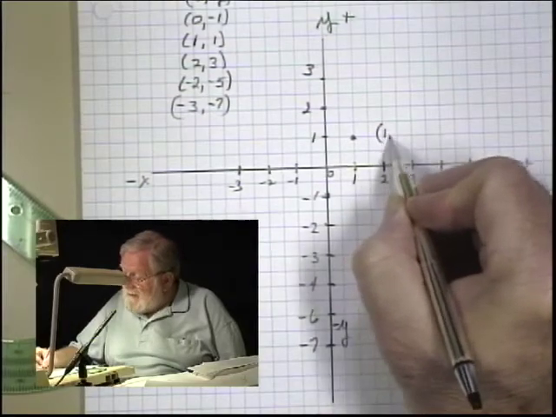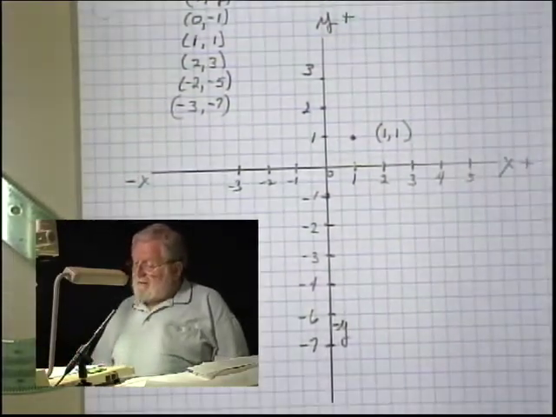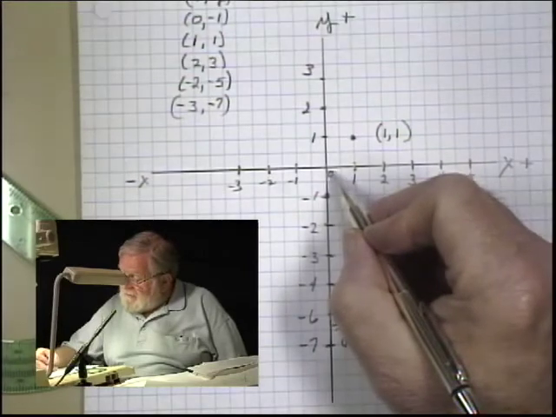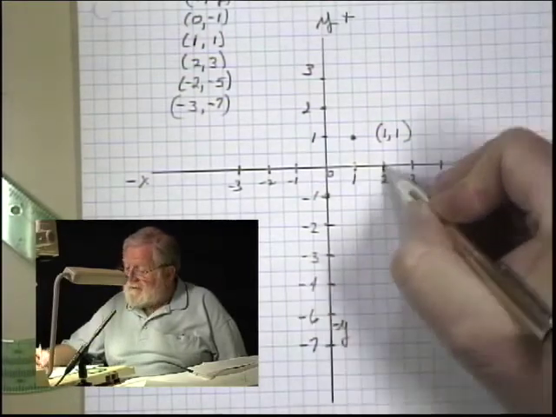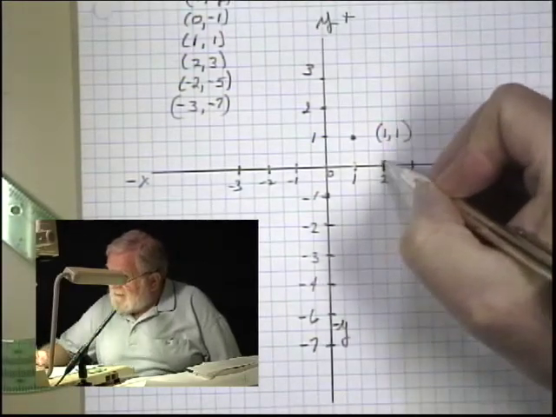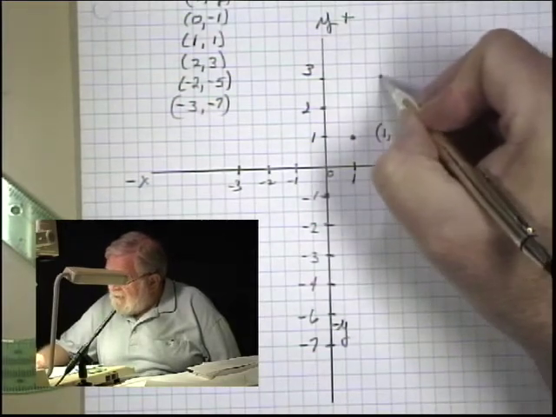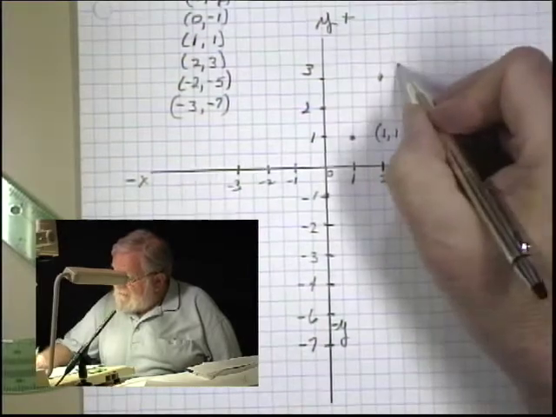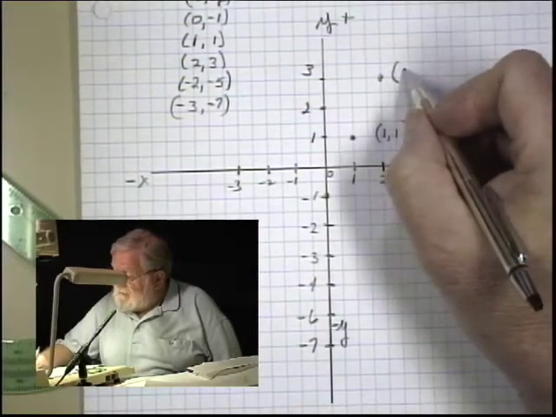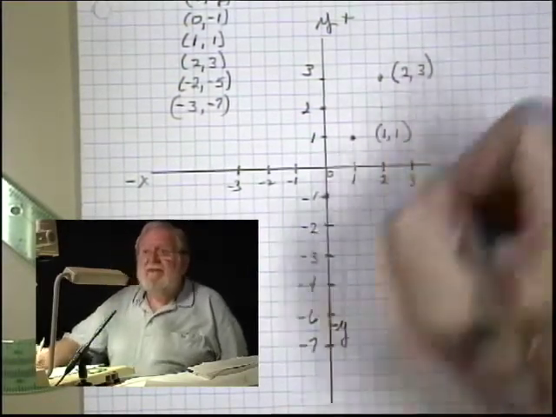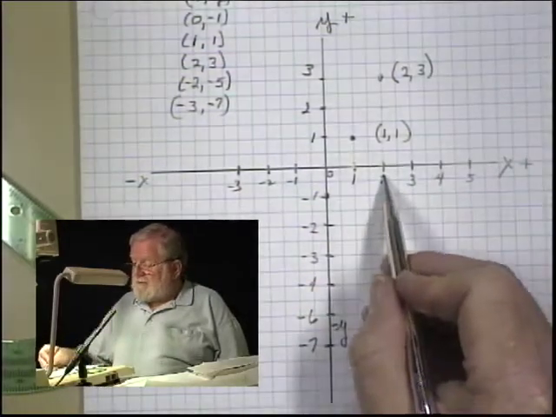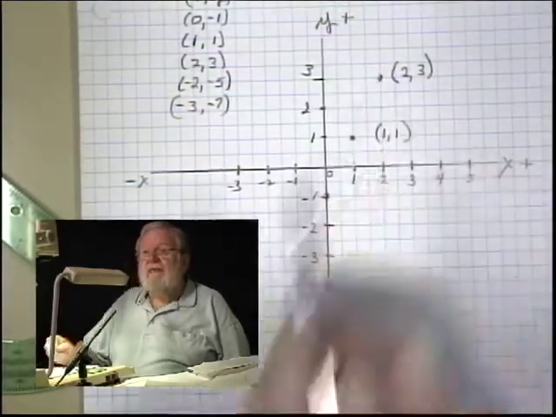This is 1 and 1. The next one, x is 2, here's 1, 2 on the x, and y is 3, 1, 2, 3 right here. This is the point 2 and 3. X equals 2, y equals 3.